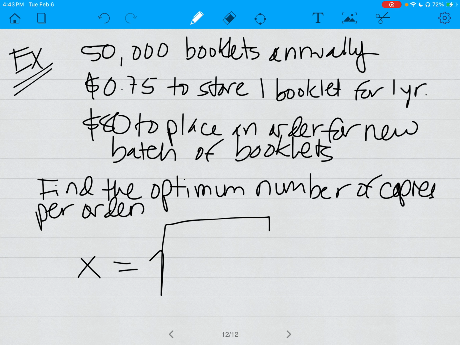So one booklet storage cost is 0.75. Then, under the square root, the next thing that we're putting in is capital M, total number of units produced annually. So we're making 50,000 booklets in a year.